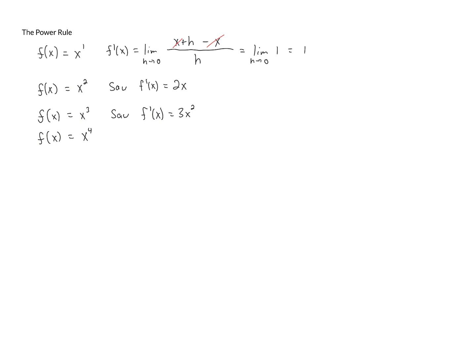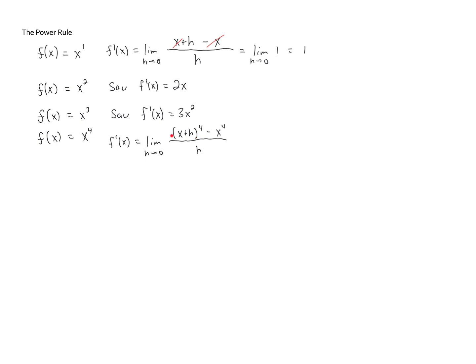To differentiate this, we need to use the limit definition again. f prime of x equals the limit as h approaches 0 of f of x plus h, that's going to be x plus h to the fourth power, minus f of x, which is x to the fourth, all over h.